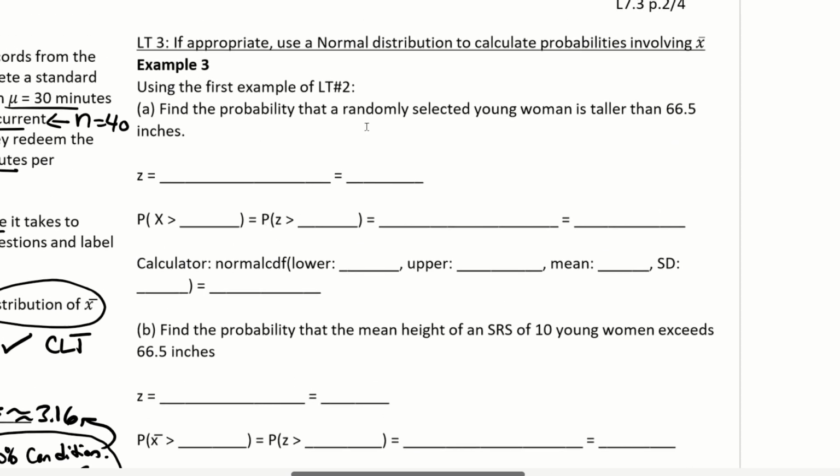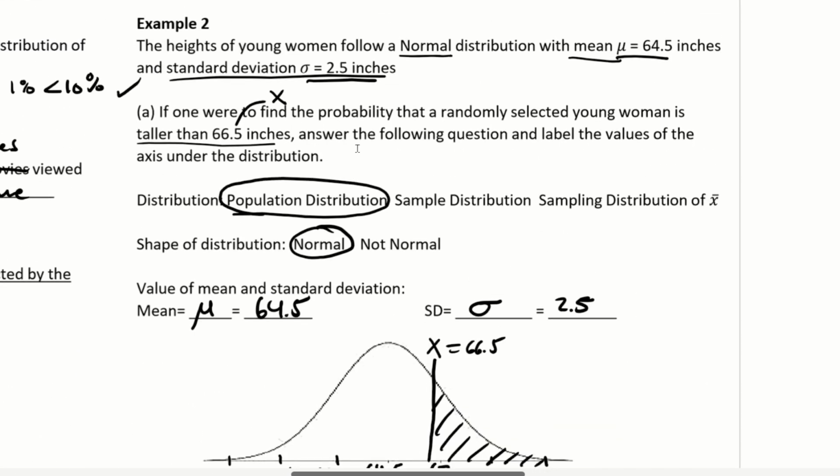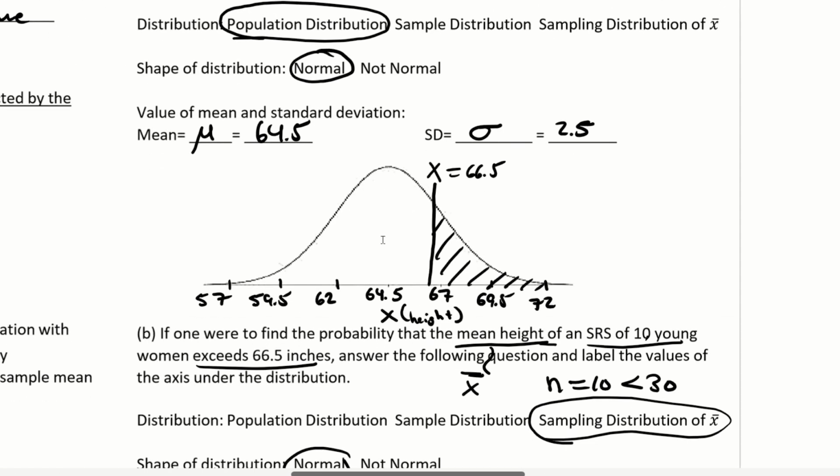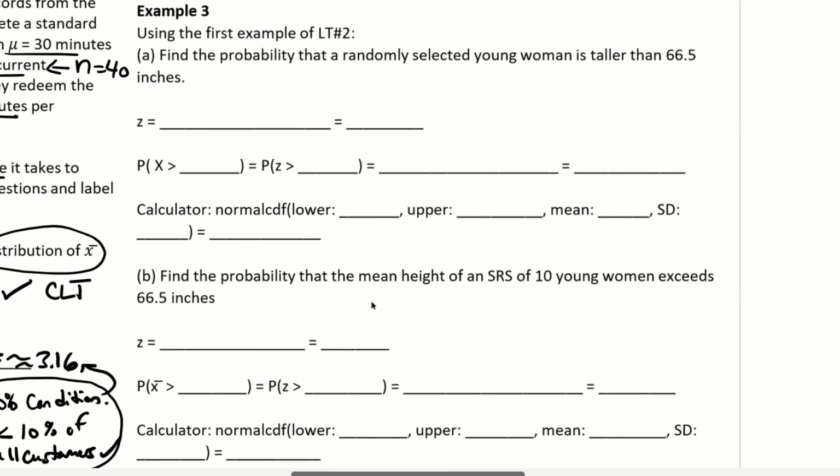Yeah, it says the probability that a randomly selected young woman is taller than 66.5, so that's part A. We've established that it's normal. We've drawn the normal distribution and marked it. We're finding the area to the right. We've established what the mu and the standard deviation were, so we're going to calculate the z-score for this, and then find the area to the right. We're also going to do it with the calculator.